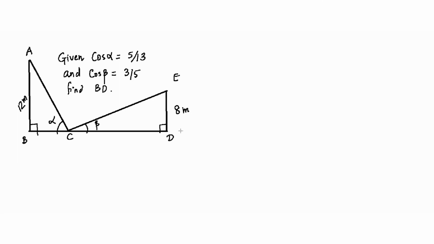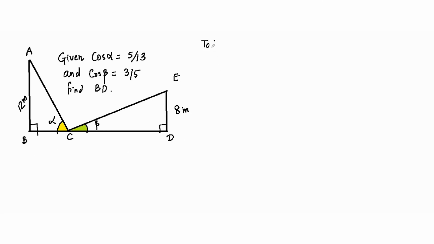AD is given as 8 meters. It's given that cos alpha is 5 by 13. So cos of this particular angle is 5 by 13. And it is also given that cos of beta is 3 upon 5. So this angle is 3 by 5. We have to find the length of BD.